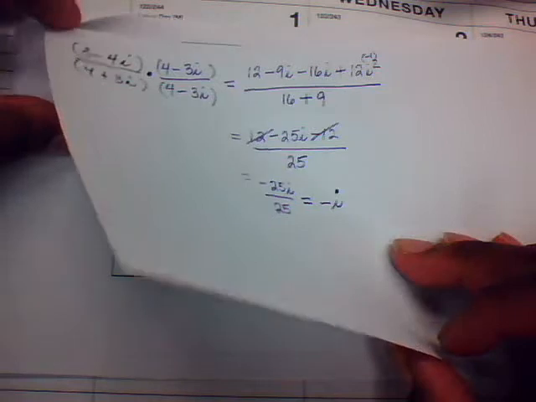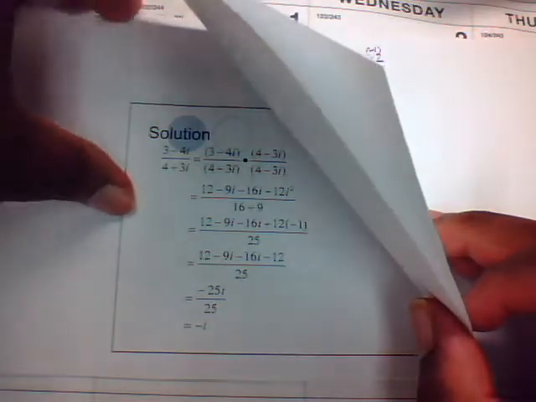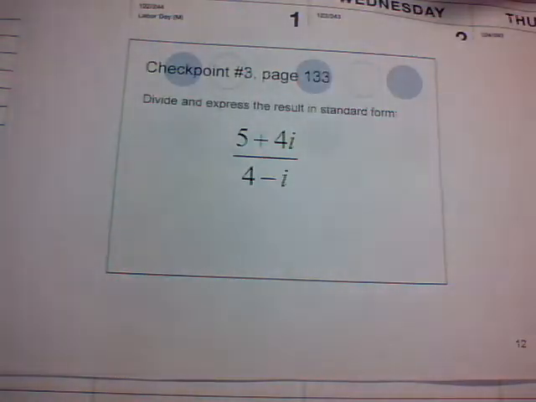All right. Now I'm going to do another example that deals with division of complex numbers, like this one. Here we want to divide and express the result in standard form. In this case, we've got 5 plus 4i divided by 4 minus i.